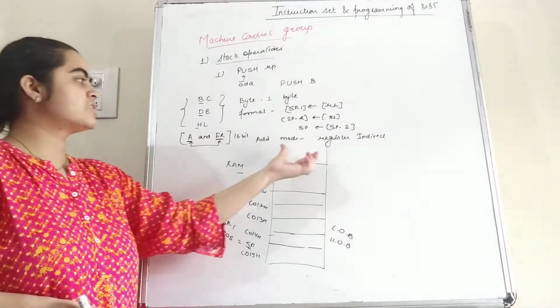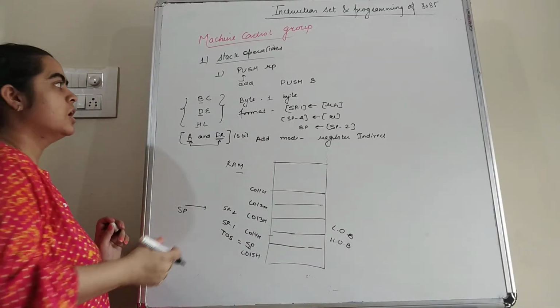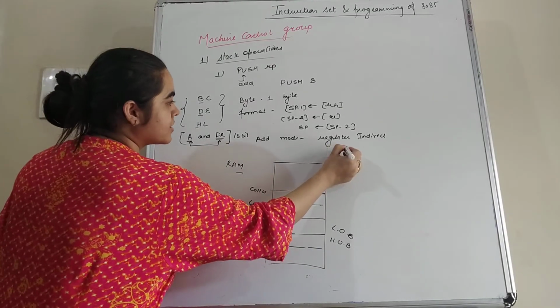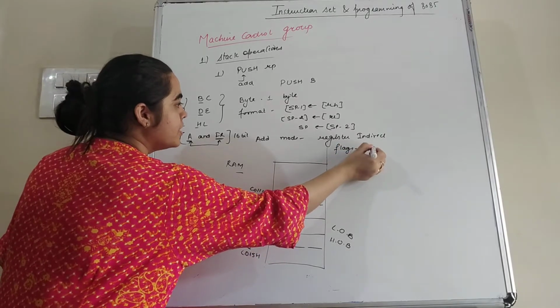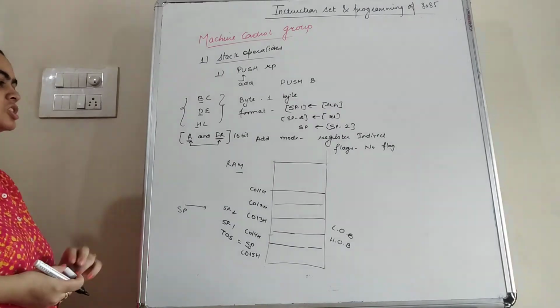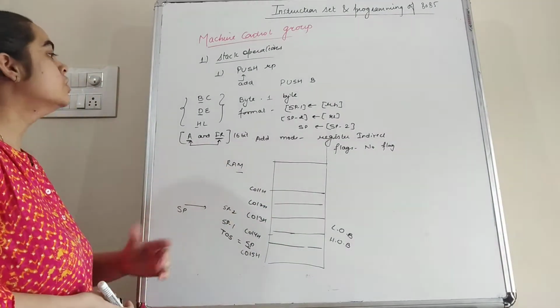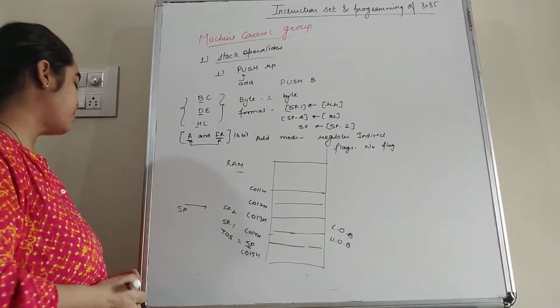That's why the addressing mode of this instruction is register indirect. And after that, flags. No flag will be affected by this instruction, because this instruction is just to add the contents into the stack memory.